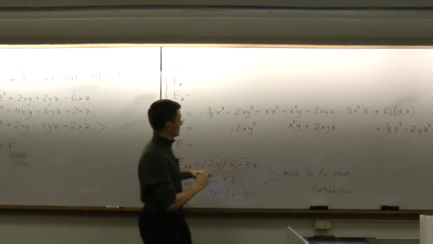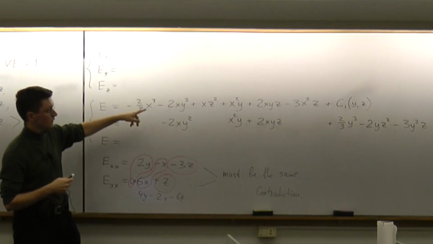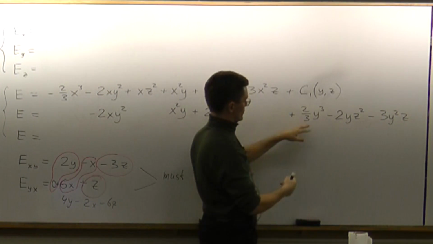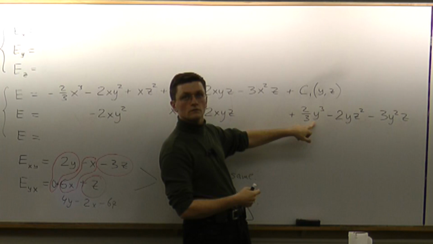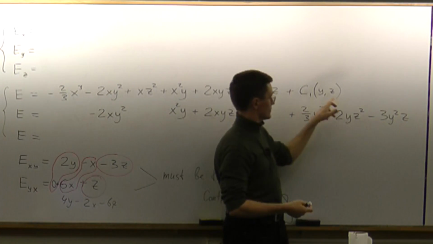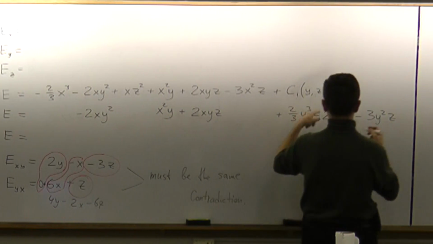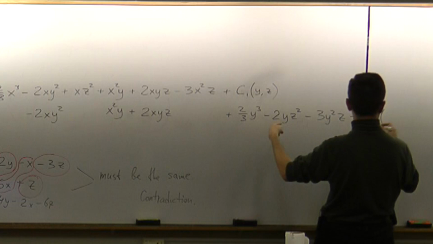So you see now that the two equations match much better than in the first case. Now let's check that these extra terms can actually be hidden in the C1. Can they? Do you see that? All these are in terms of y and z only. Now, we can do the same kind of checking for the second equation.